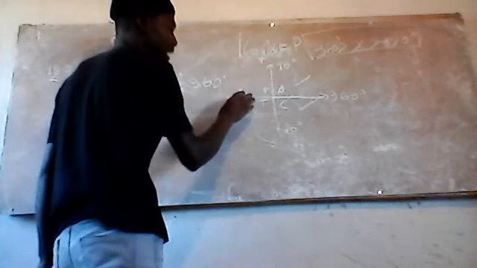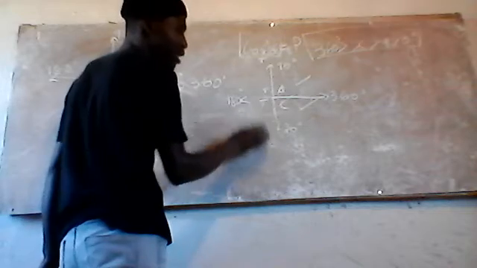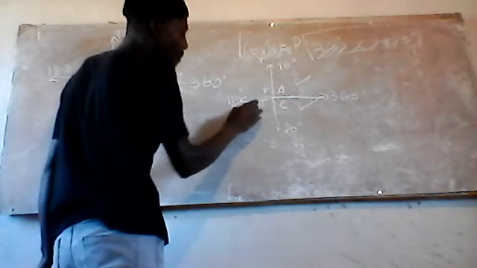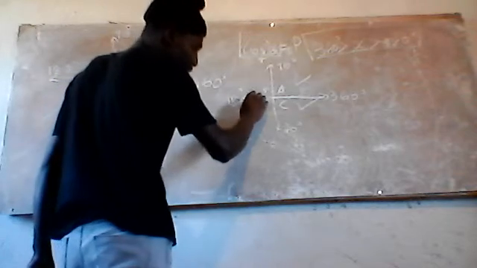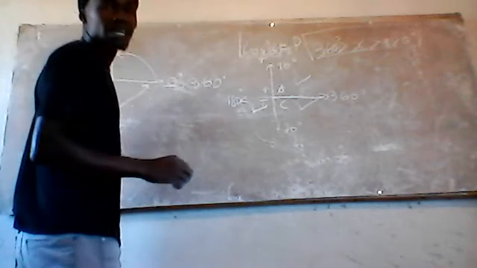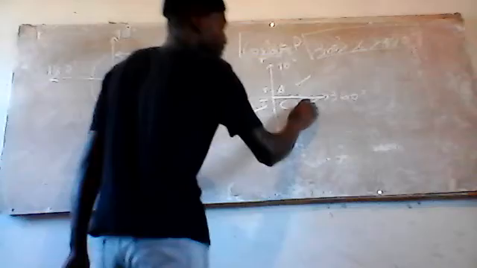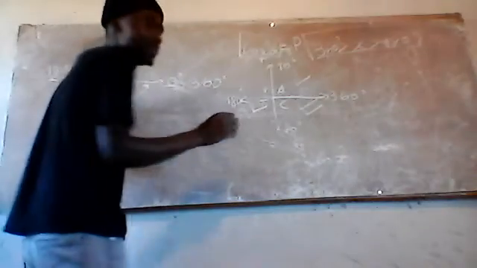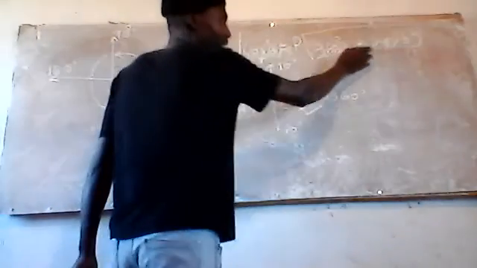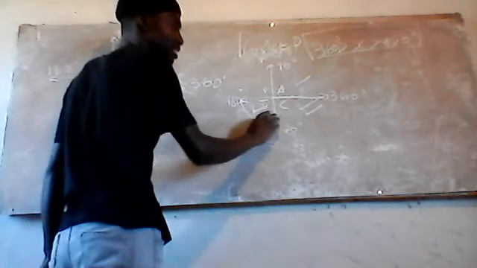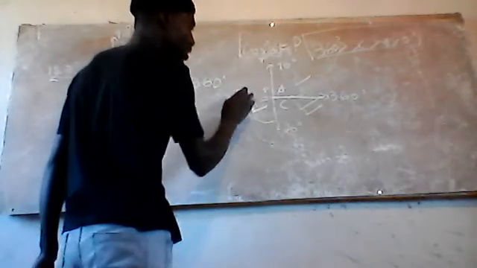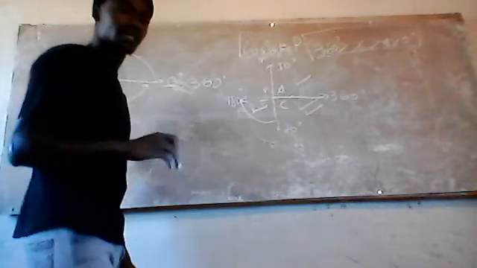Any value which is greater than 180 degrees should be between this quadrant and this quadrant. So I have that value being implicated, and that value also being implicated. Anything greater than 180 degrees, guys, is between those two quadrants.